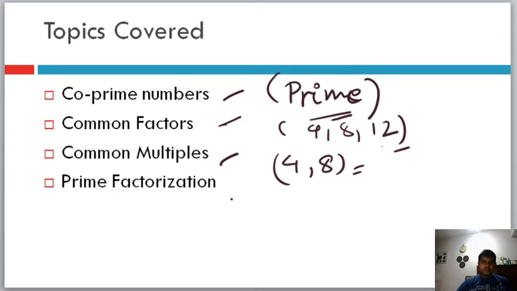The concept is that every number can be broken down into prime factors, because ultimately all composite numbers are nothing but multiplications of prime numbers. All numbers can be broken down as a multiplication of prime numbers, and the process of doing that is called prime factorization.